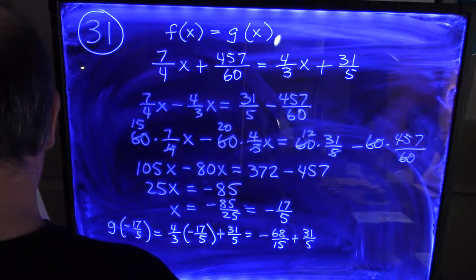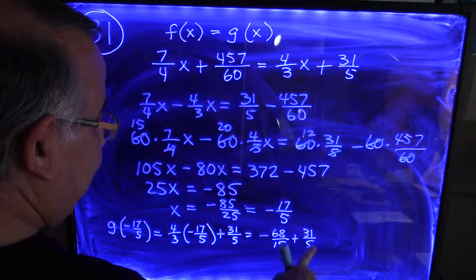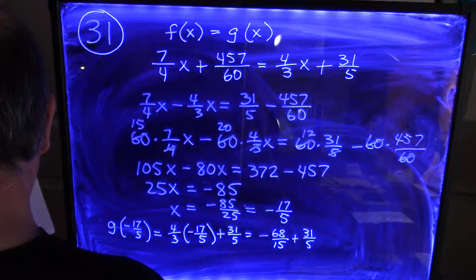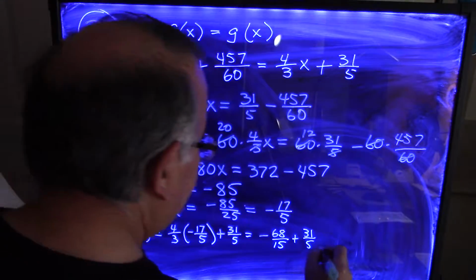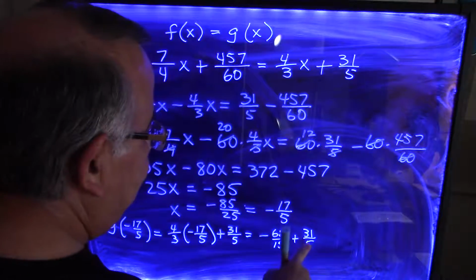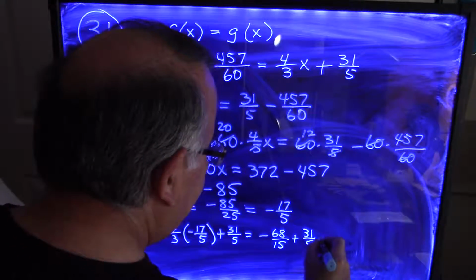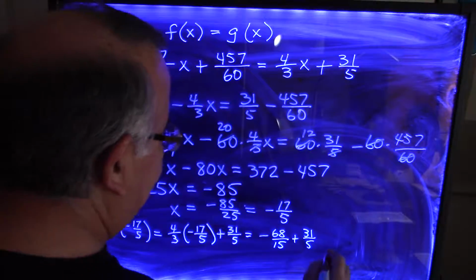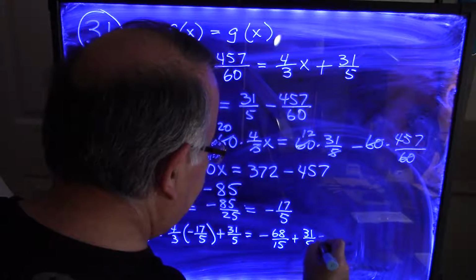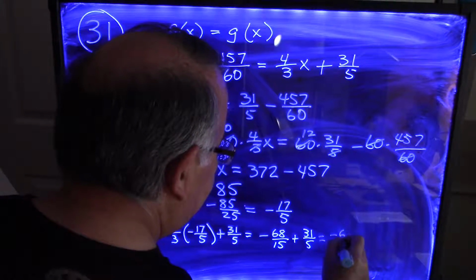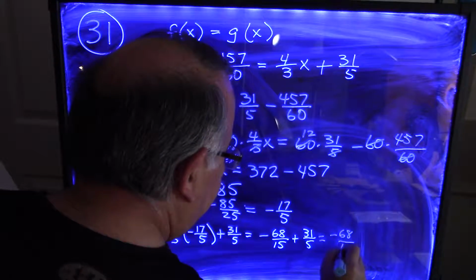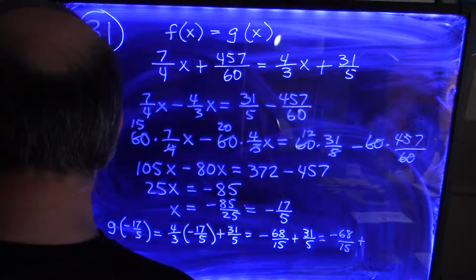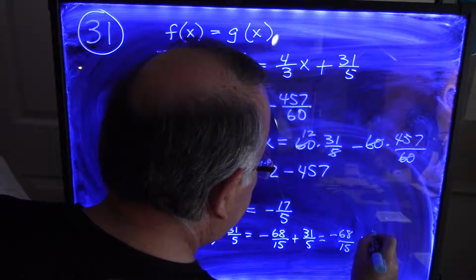Alright, and that equals, well, you can multiply 31/5 by 3/3 and that'll give you 93/15. So you're multiplying by 1, so you're not changing the value of that fraction, but you are getting the common denominator of 15. So that's negative 68/15 plus 93/15.